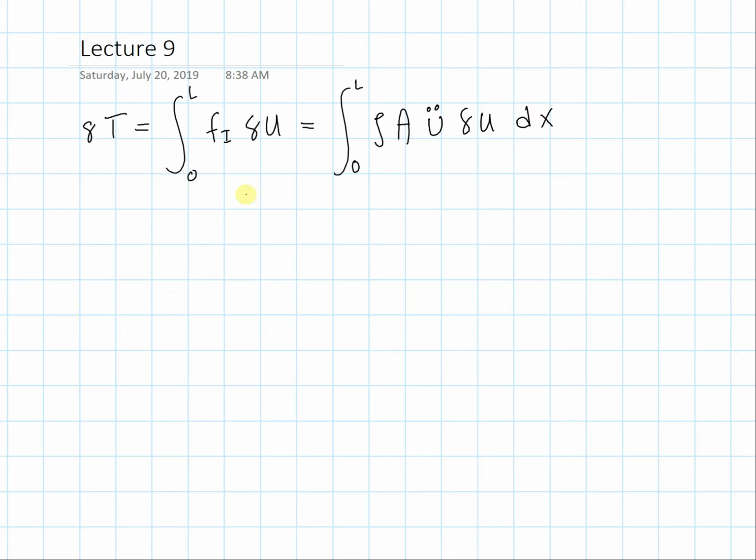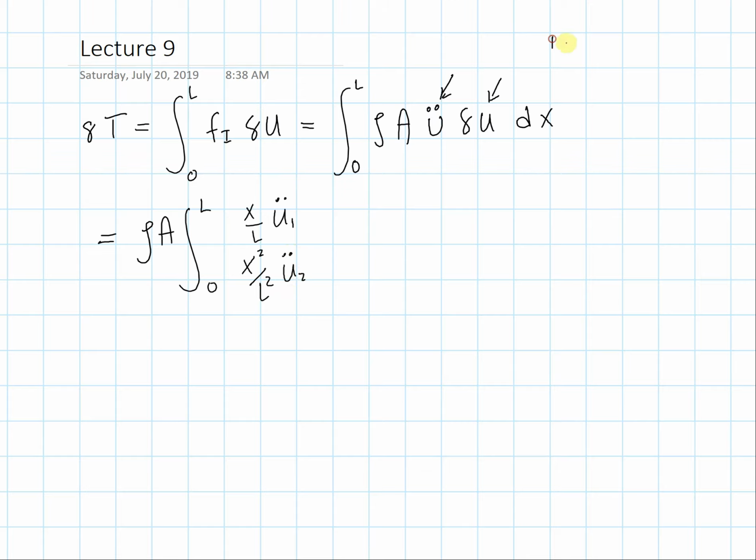And so the next thing I'll do is to pull my rho and A out because they're not functions of x. Rho and A are pulled out. Then I have my integral. This term here is going to be a column vector, and this term here is going to be a row vector. So I will have x over L. This is my psi multiplied by the displacement of my first mode, I have x squared over L squared multiplied by the displacement of my second mode.